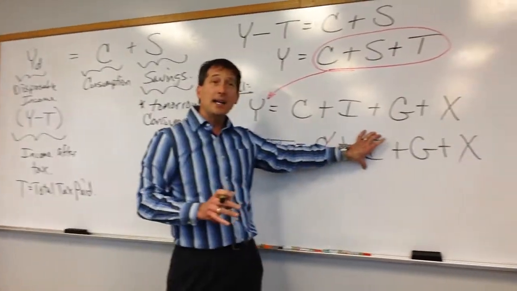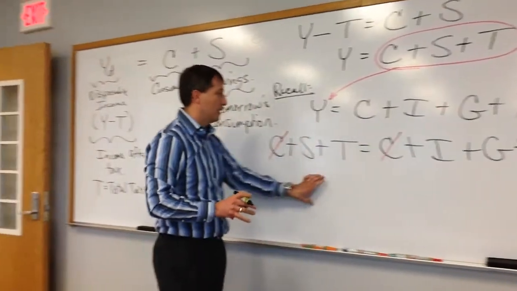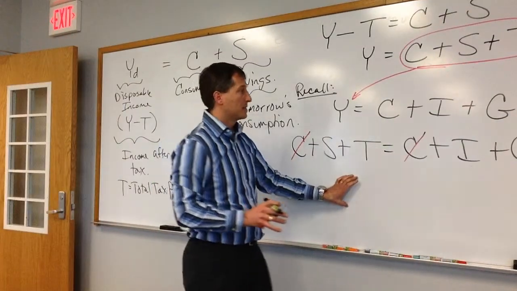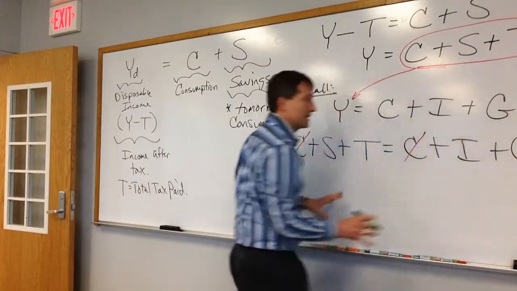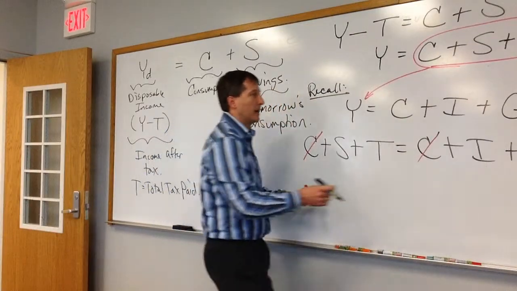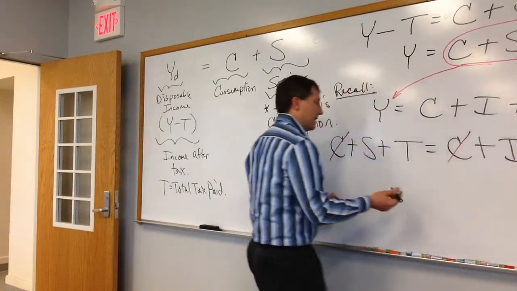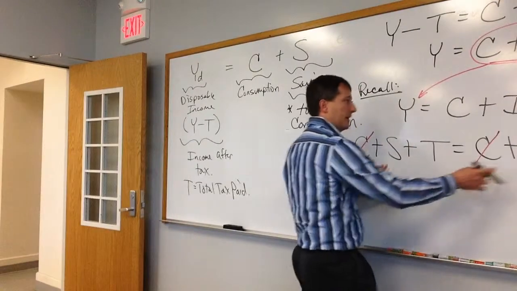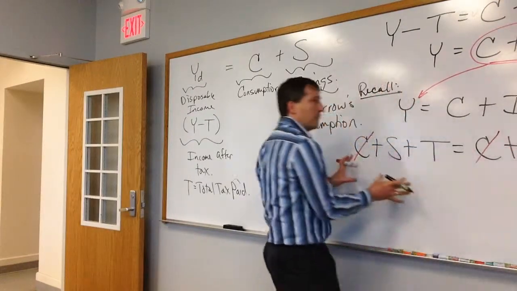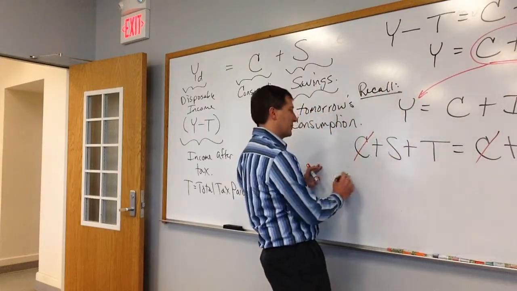All right, so now what I want to do is rearrange this equation so that the I is left all by itself, all by its lonesome. There's a couple different ways to do it. You guys can take a couple steps if you want, but ultimately I want I all by itself. So if I swing this stuff over here, maybe it's better for me to do it that way. I'll do it in two steps.